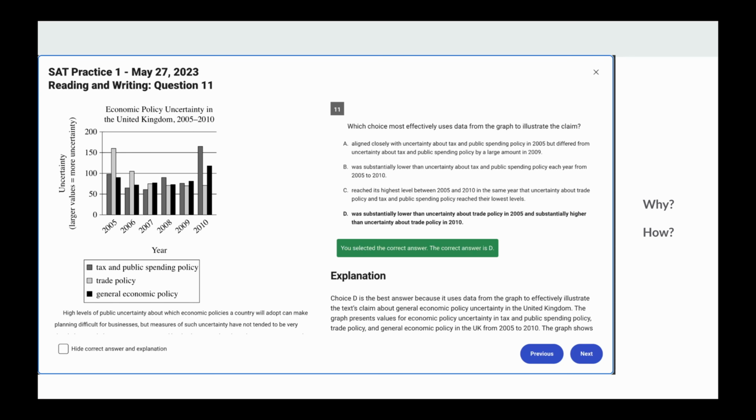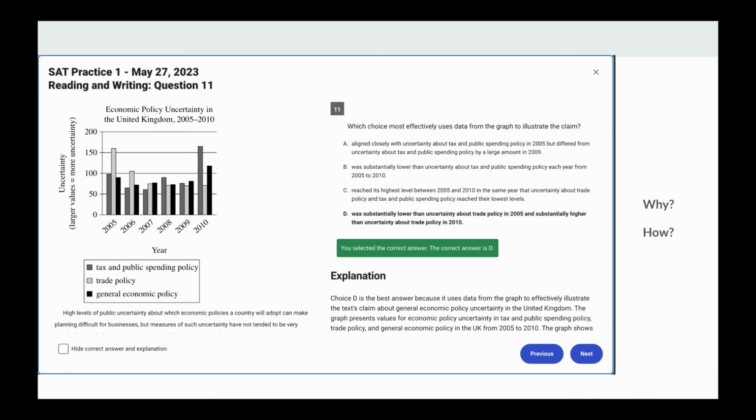And read the explanations given by College Board. Because if you read the explanations given by College Board, you will understand what College Board is looking for in correct answers. And you will notice patterns, because College Board follows a pattern. They cannot create different questions every time.